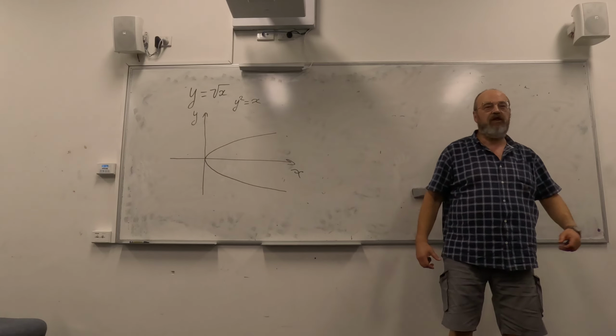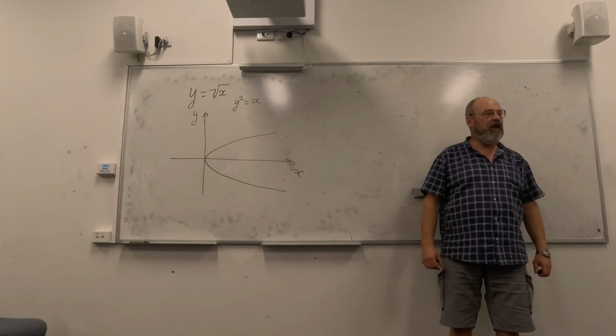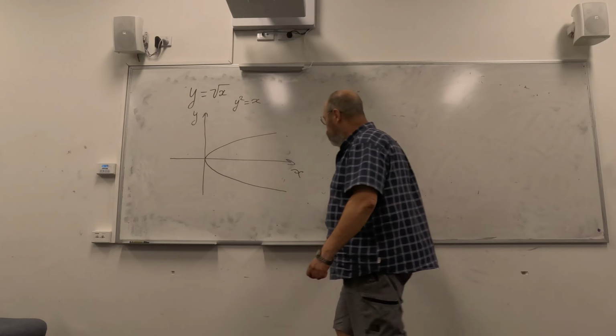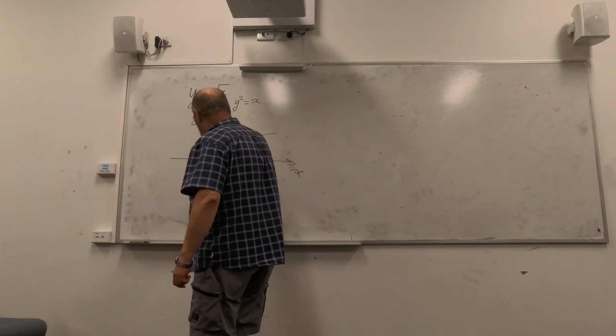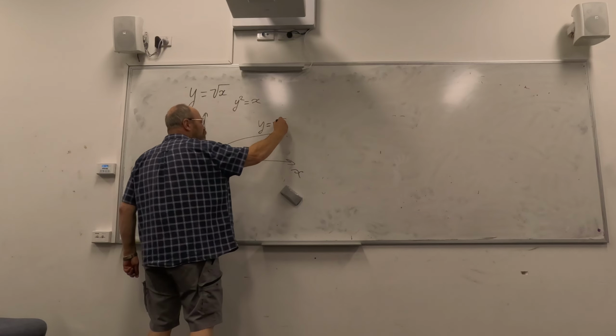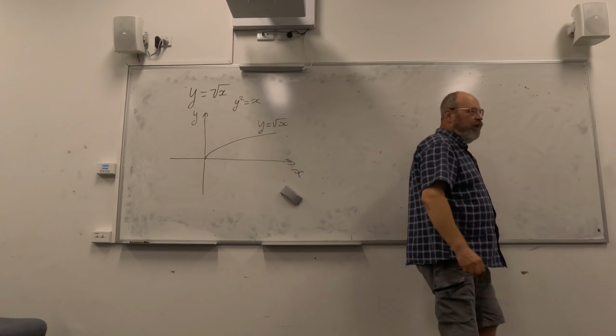What changes? It's only the top one. We will have only the top branch because a square root cannot be negative. So this is y equals square root of x.